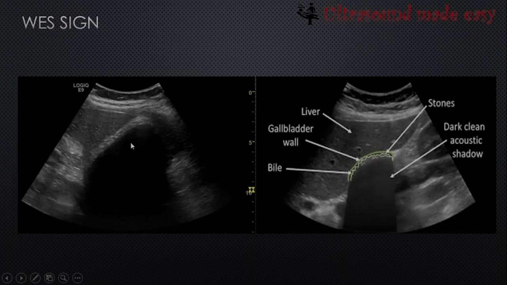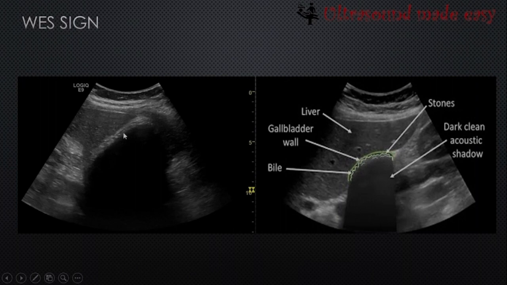If you find such a condition in the place of the gallbladder, where you are unable to see the gallbladder, what we are seeing is a clear line that is more likely the wall of the gallbladder, with echoes present below the wall.